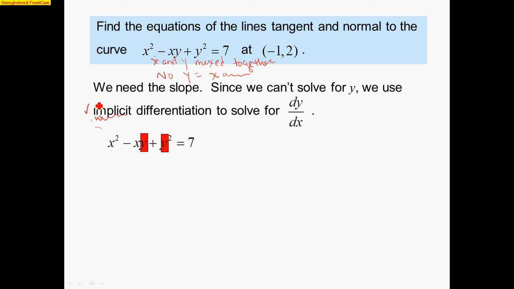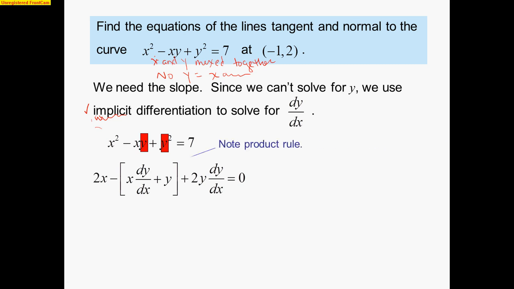I notice that I've got y's, so I am going to take the derivative with respect to x of x squared and get 2x. Here's my minus sign, and I put a bracket here because I need the product rule between x and y.